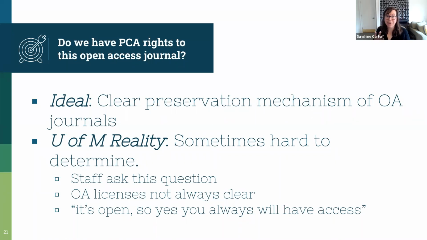So even if you are embarking on supporting open access, whether that's subscribe to open, which I think most of the questions come to me regarding, or read and publish, I think it's really important to have these conversations and figure out how to record these into your post-cancellation access entitlement records as well. It's not always clear, and we like to know exactly where and how we will get our entitlements.